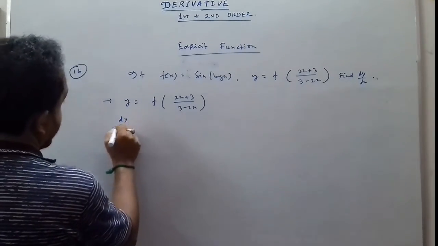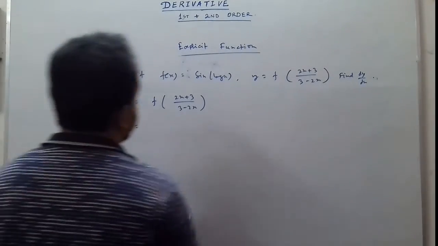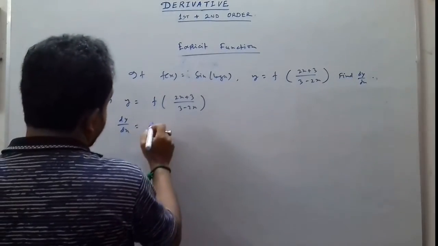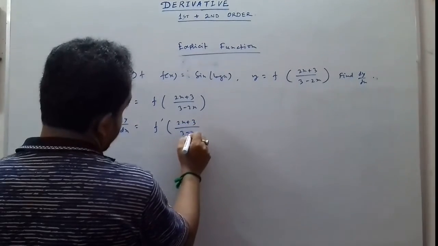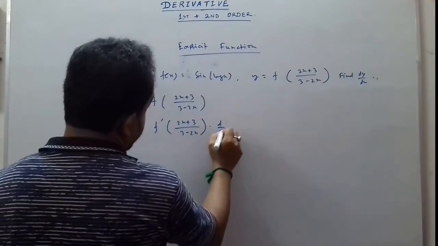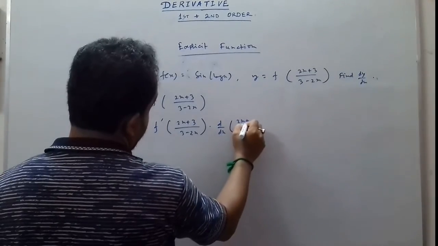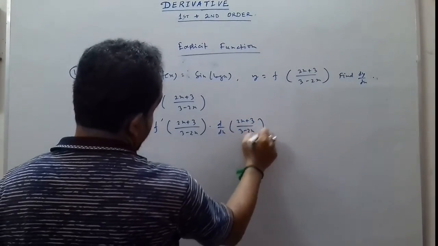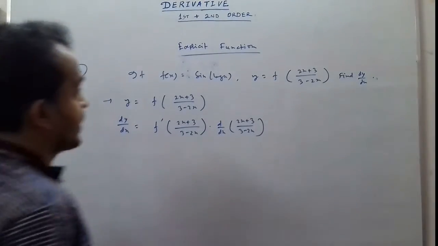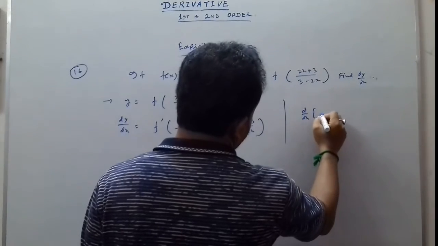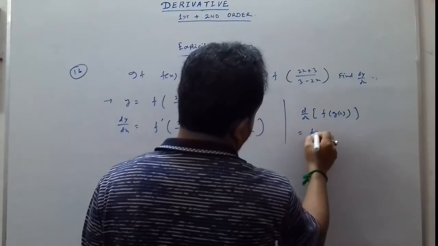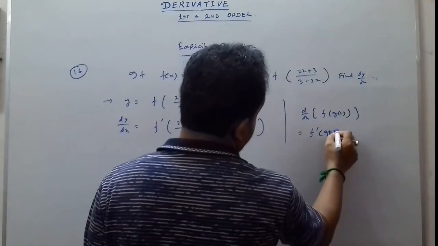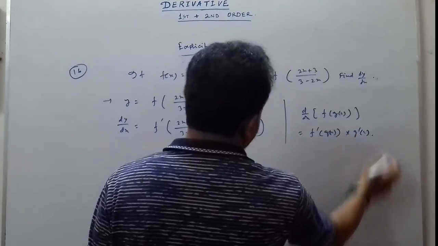Differentiating y with respect to x, we will get f' of (2x plus 3) divided by (3 minus 2x) into d/dx of this ratio or quotient, because we know that d/dx of the composition function f of g(x) is equal to f' of g(x) into derivative of g(x).